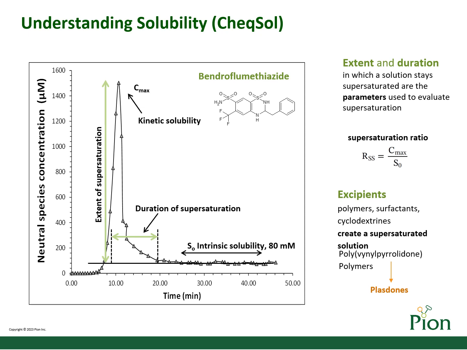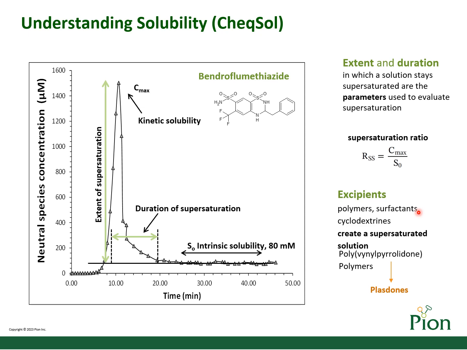In order to evaluate the supersaturation, we have two parameters: the extent of the supersaturation, the maximum concentration of the neutral species in solution before it precipitates, and the duration of the supersaturation, which is how long the supersaturated state stays in solution until the drug precipitates in its more stable form.